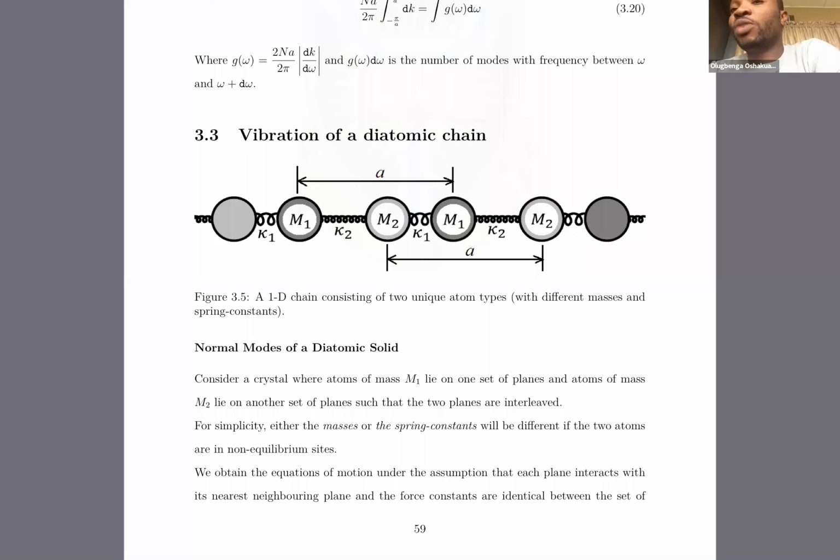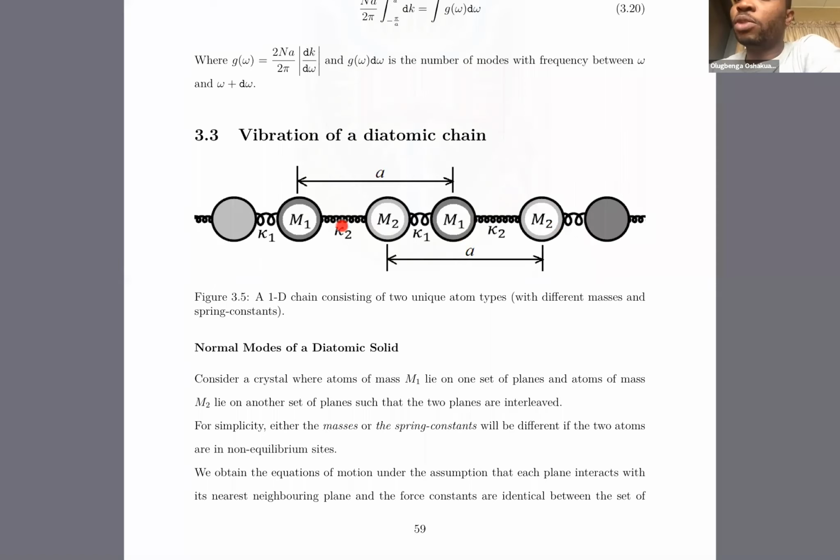We'll still be talking in 1D, but diatomic chain in the sense that we have two different types of atoms on that same chain. The atoms can be said to have different masses. So atom A has mass M1, atom B has mass M2.